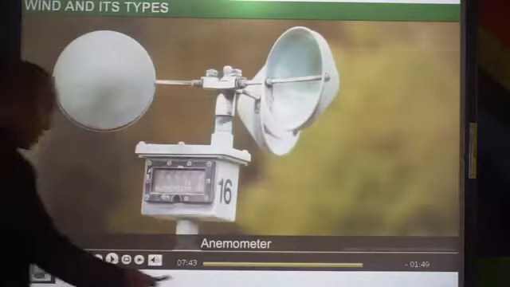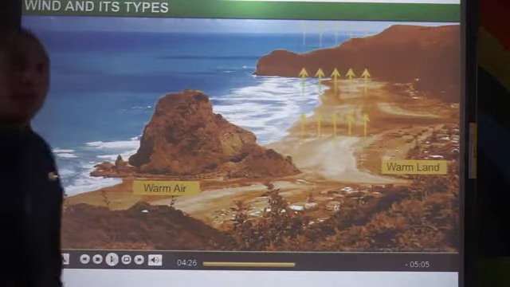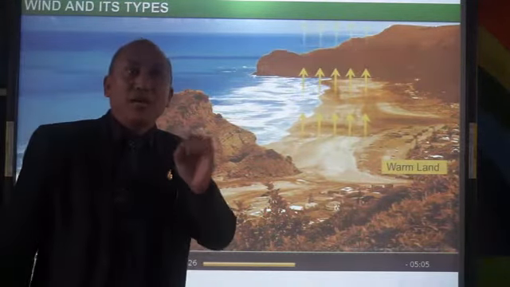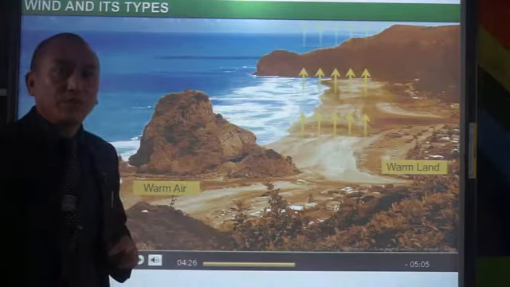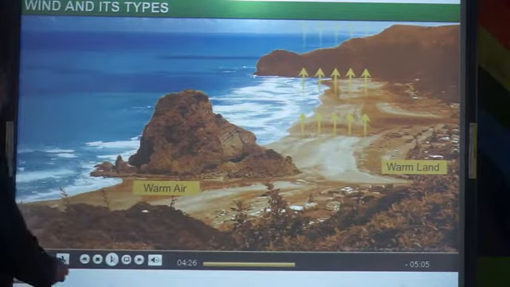So let's try to see if we have some diagrams here. Okay, so first let's just see the land and sea breeze. This is an example of the periodic winds.